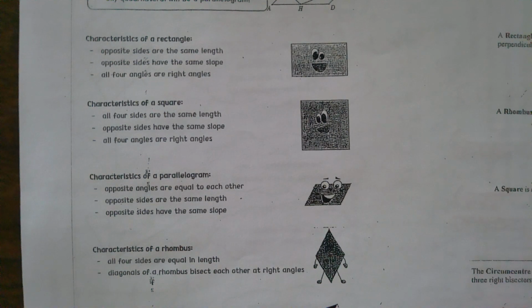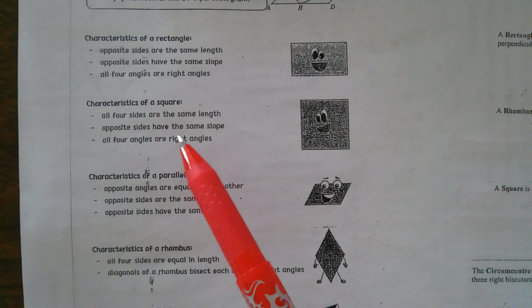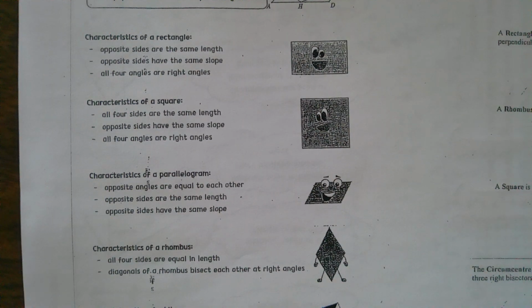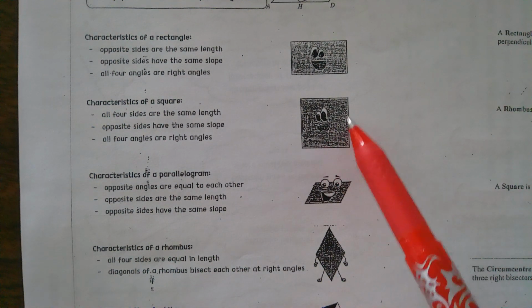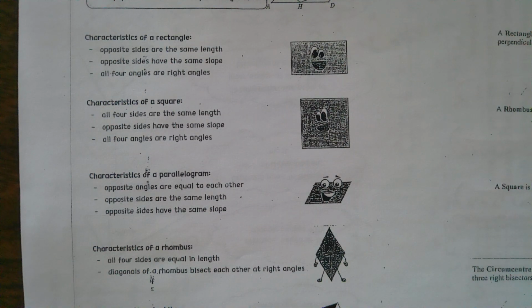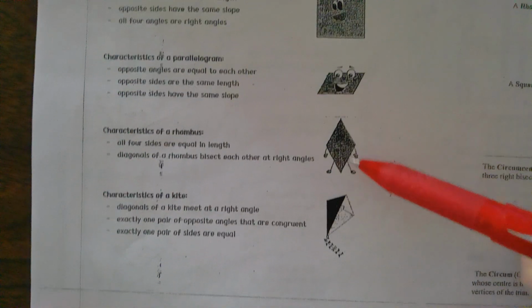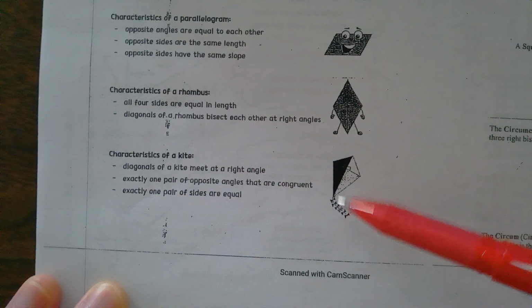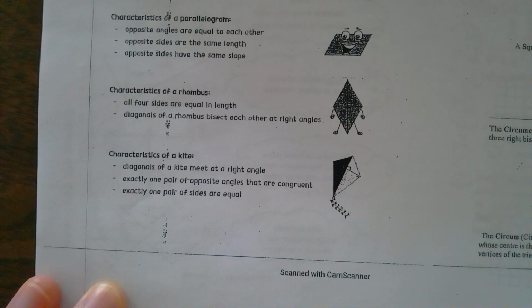If I say prove the characteristics of a square, I think by now you know what the properties of a square are. So I might just leave it general: prove that given these four coordinates, it is a square. If it's something more complex, like these ones right here, then I might do it in steps, like part A, part B, part C, part D.